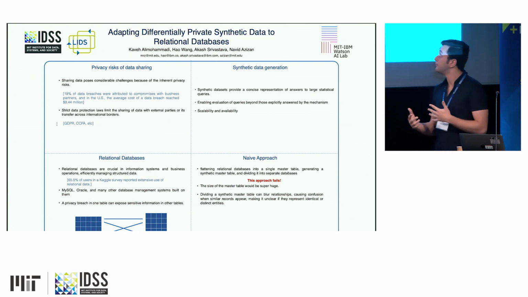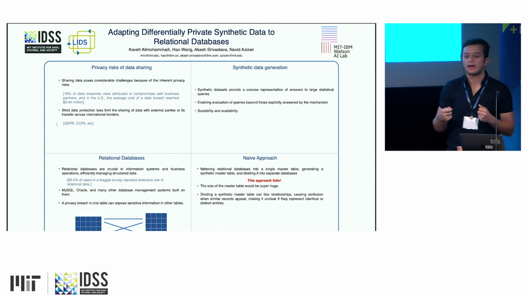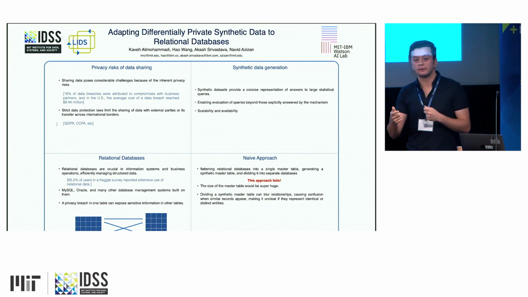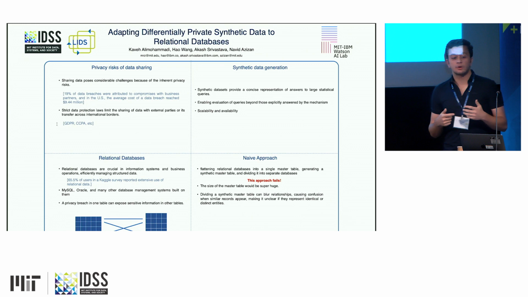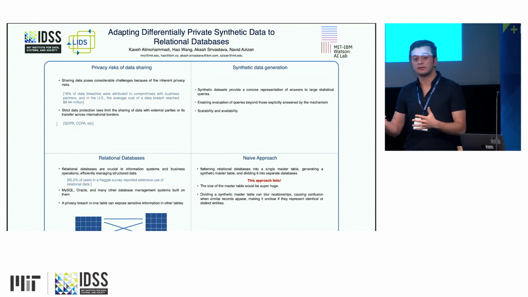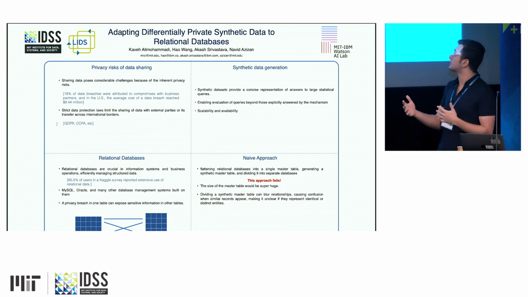Let's call them queries. There are 2 ways to do that. The first way is to ask the server to serve as an oracle and answer the queries one by one privately. The other way is to ask the server to create a synthetic data set privately and release that publicly so that everyone can use that.